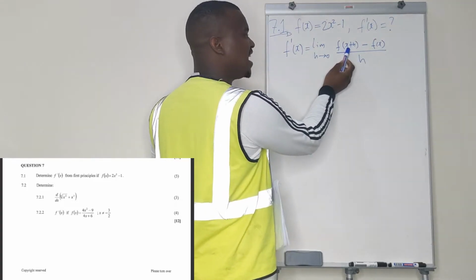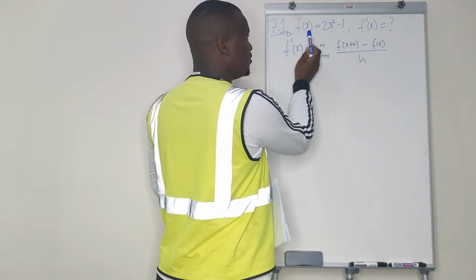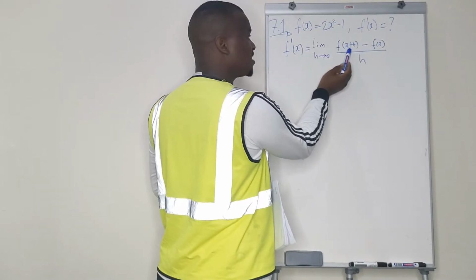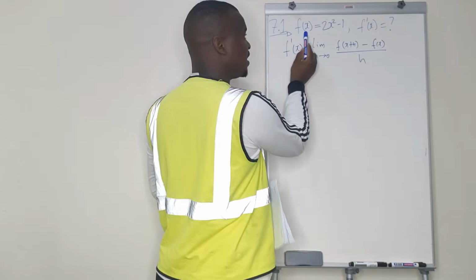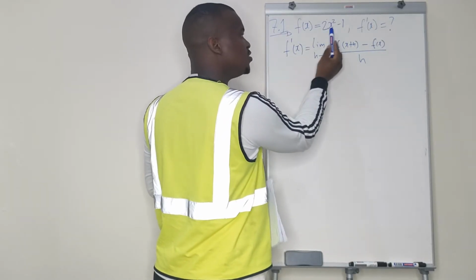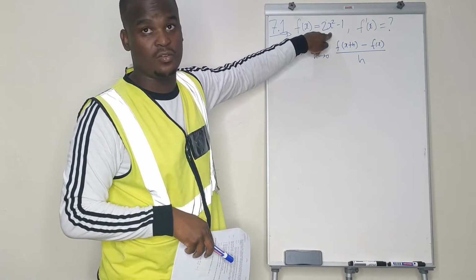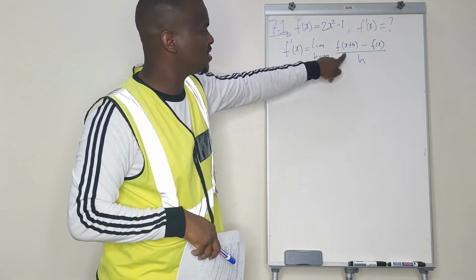So this is f of x plus h, which means for your f, you have substituted x plus h, so you must also substitute x plus h wherever you see your x value, right? This is what you do here.